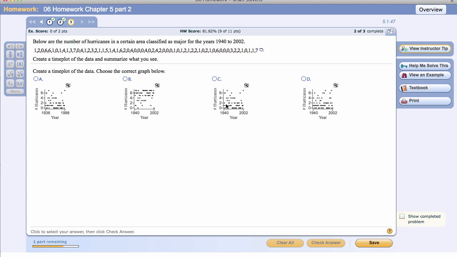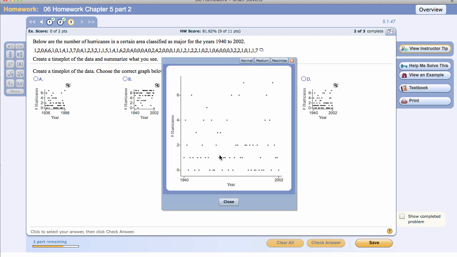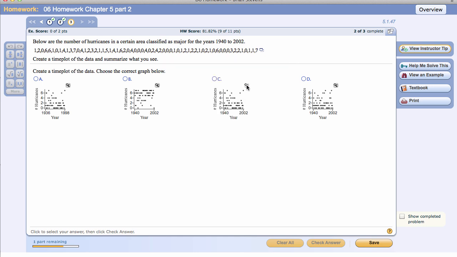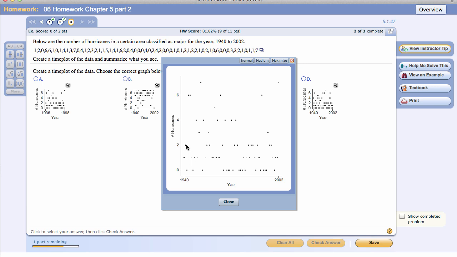This one is correct, and this one also appears to be correct, and this one right over here might have some sort of error. Zooming in, we can see, nope, it is not correct. Let's look at the other one real quick.